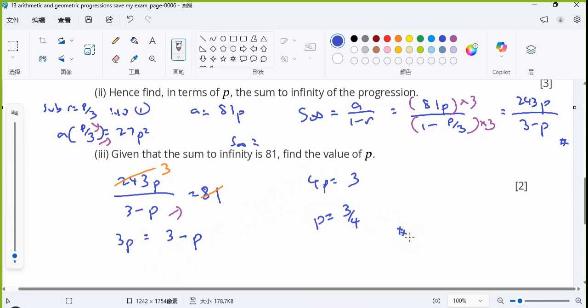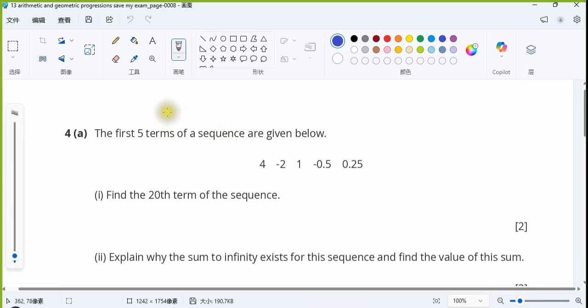Question number 4a. The first five terms of a sequence are 4, negative 2, 1, negative 0.5, and then 0.25. Find the 20th term. So we know that a is 4, r is negative 2 over 4, which is negative half, or negative 0.5.